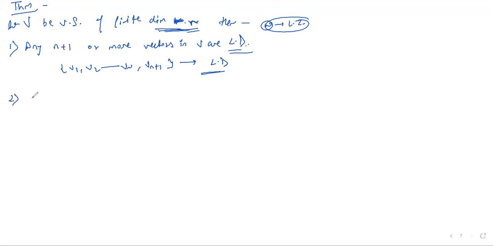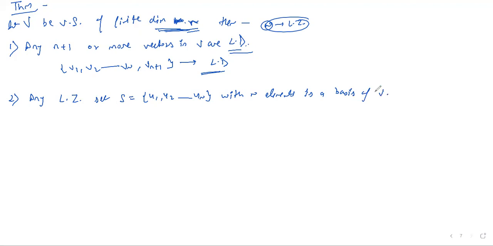And the second thing is that any linearly independent set S equal to u1, u2 to un, with n elements, is a basis of V. Let's say I have this set of vectors u1, u2 to un, which has n elements.